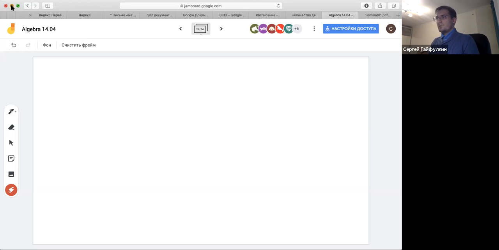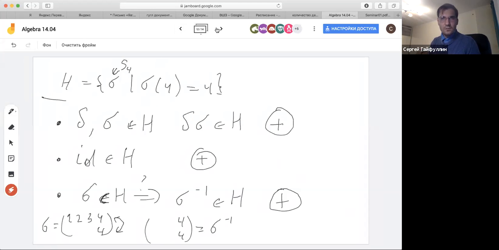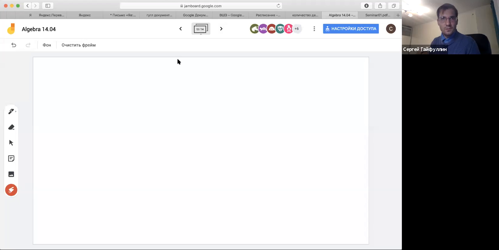Let us show that this is a normal subgroup. You have said already that when the whole group is commutative, then every subgroup is normal.